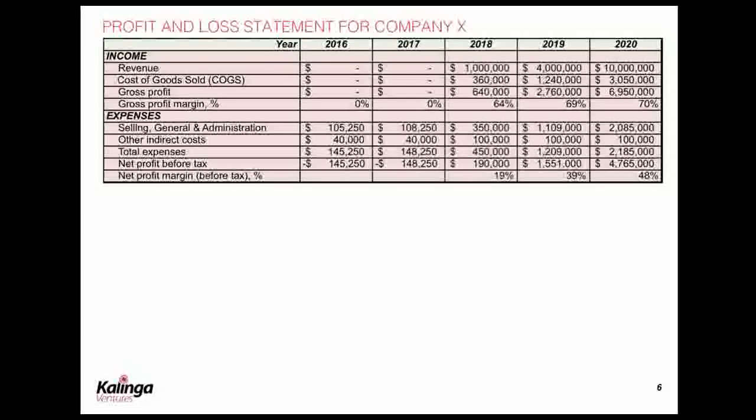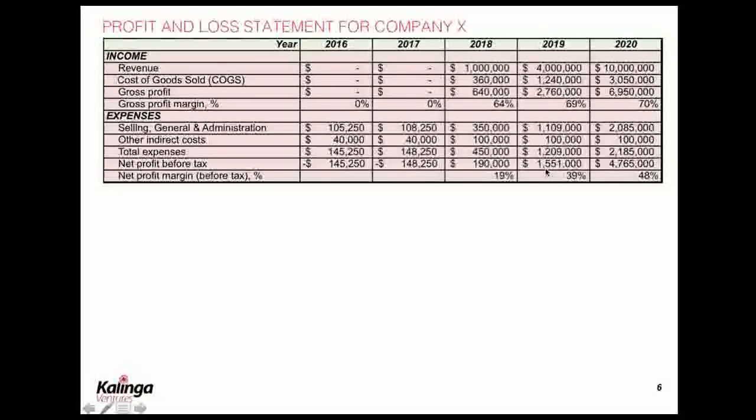So now this becomes your profit and loss statement for company X, and as you can see, the company is not generating money in 2016, 2017, 2018. It has a revenue and it is actually making some profit.